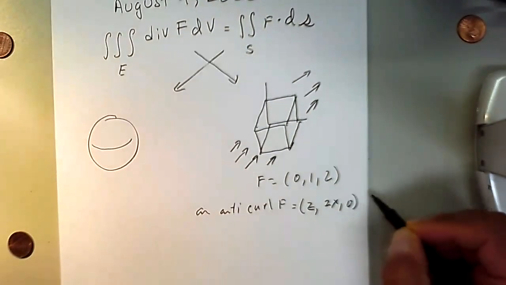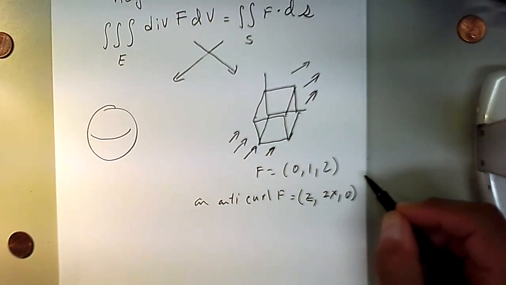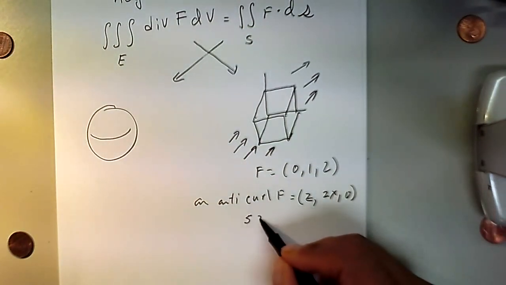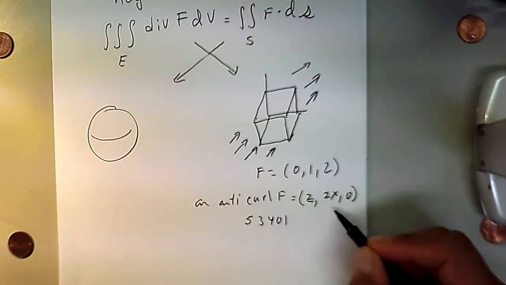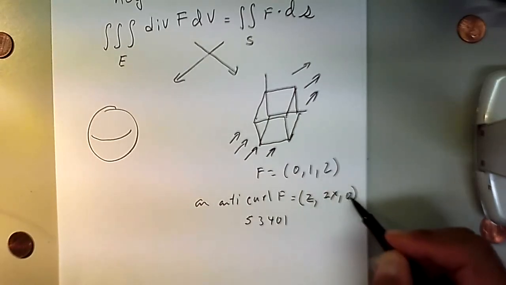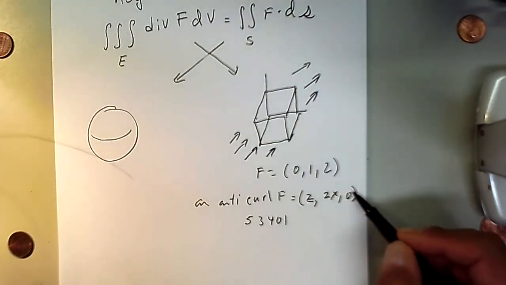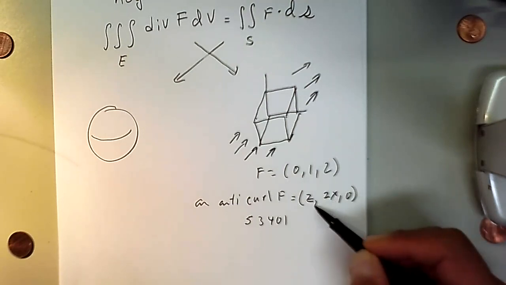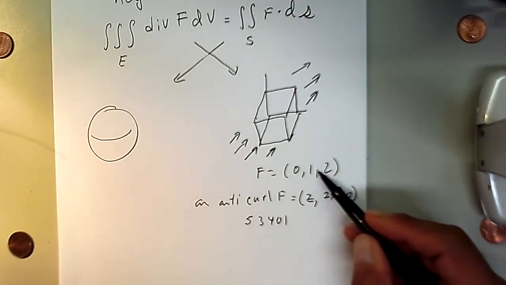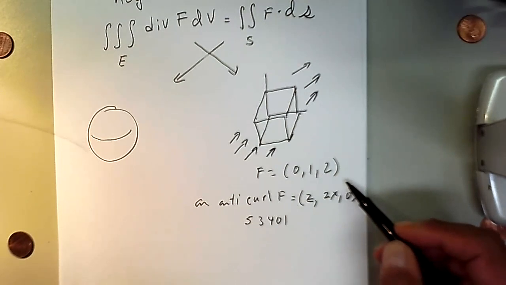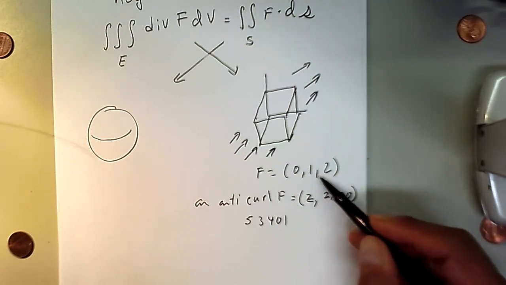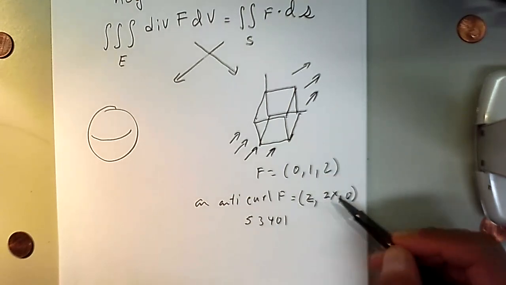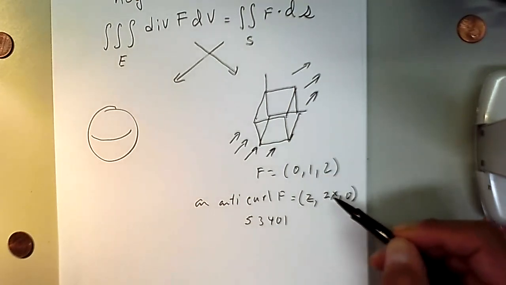Remember in the last video, 53401, we saw a little bit of this. Let's see, so 0, 0, yep, that gives us a 0, and then 0, 1, yep, that gives us the 1, and then 2 and 0, yep, I believe this is one anti-curl.